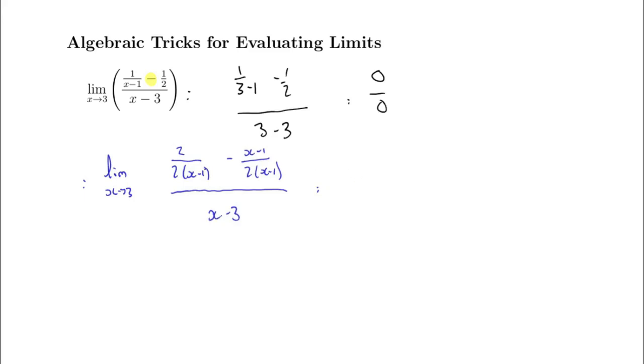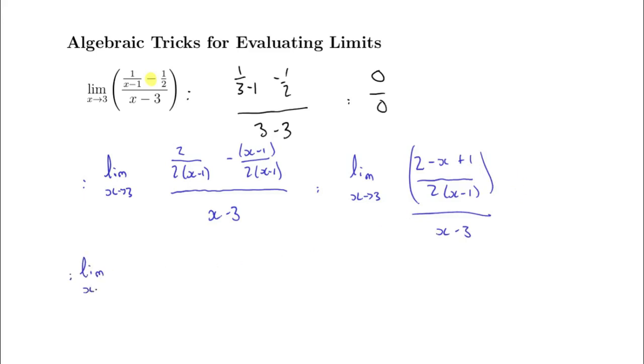Now I'll go ahead and subtract 2 minus x minus 1 in the numerator of the numerator. That's kind of weird, right? So we have 2 minus x, and then 2 minus negative 1 is really plus 1 over 2 times x minus 1, and this is all over x minus 3.